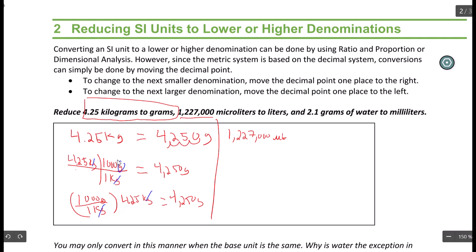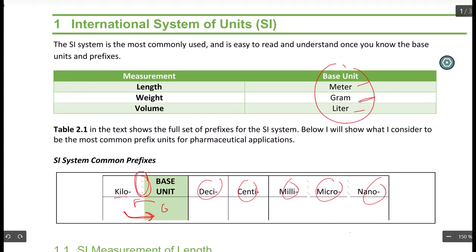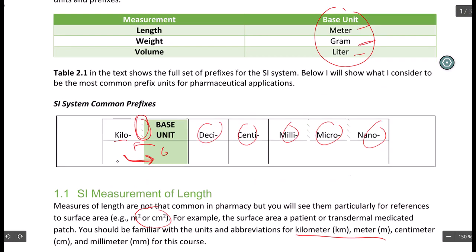Again, I can go up to my chart. I want to go from microliters, which is here. I need to go 3 over, because of the line, and then 1, 2, let me count that again. 3 over to here, and there's 1, 2, and then 3 over to there was my base unit, which in this case would be liters.